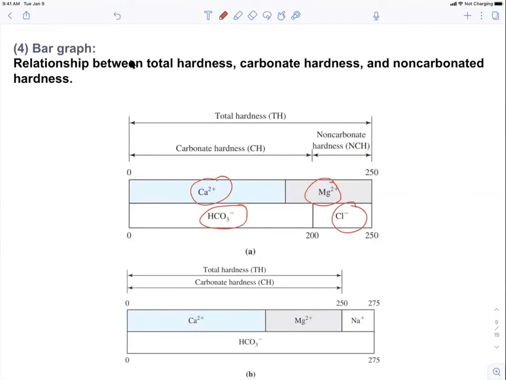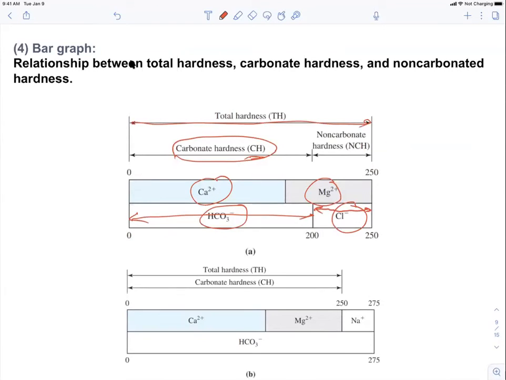So under this situation, we call the carbonate hardness basically the concentration of the bicarbonate ions. Okay, so you see it's spanning the area here, right? This is the carbonate hardness. But the total hardness is just the concentration of all ions, right? The total hardness is everything in here, right?